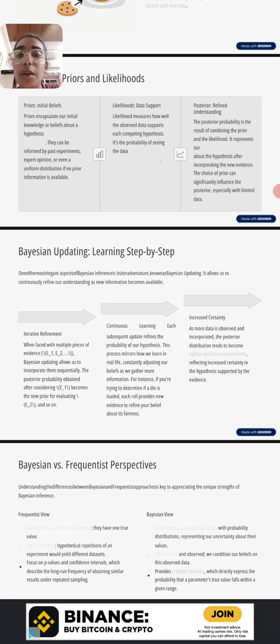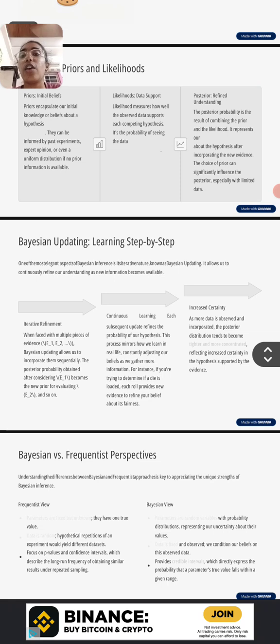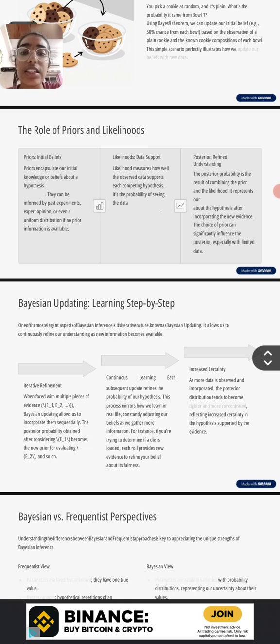They can be informed by past experiments, expert opinion, or even a uniform distribution if no prior information is available.